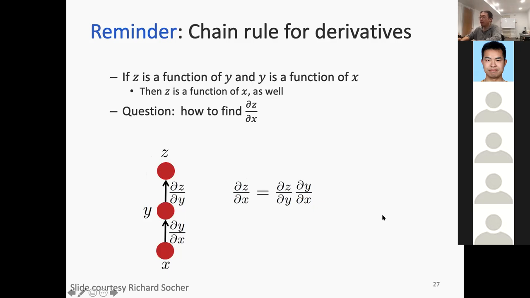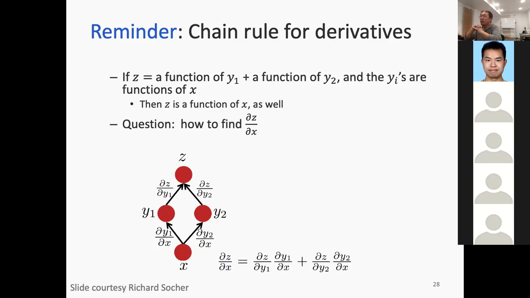So in general, we can extend it for two variables, right? So suppose z is a function of y1 and y2, and both y1 and y2 are functions of x. That means z depends on y1, z depends on y2, and both y1 and y2 depend on x, right? To compute the partial derivative of z over partial derivative of x, we need to compute the partial derivative of z with respect to y1 and with respect to y2, respectively, right?